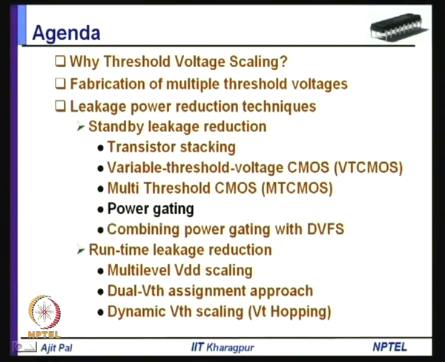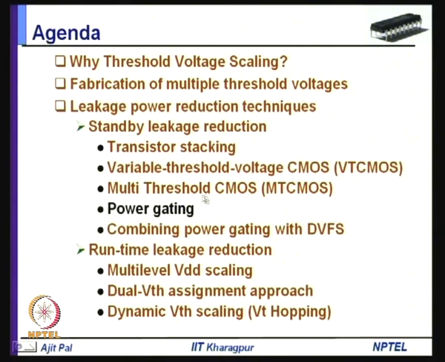In the last lecture, we started our discussion on how leakage power can be minimized, and we discussed some of the techniques by which you can minimize standby leakage power, such as transistor stacking, variable threshold voltage CMOS known as VT CMOS, and then multi threshold voltage CMOS, MT CMOS.